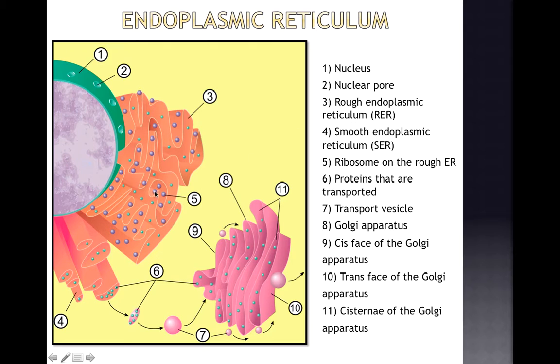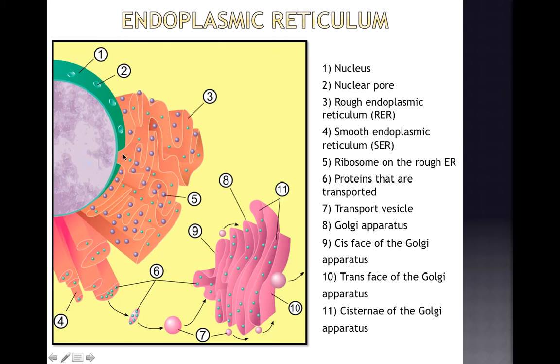These purple balls, number 5, are the ribosomes that are attached to the endoplasmic reticulum. When a ribosome forms a protein and is attached to the endoplasmic reticulum, the protein is released inside the membrane of the endoplasmic reticulum.